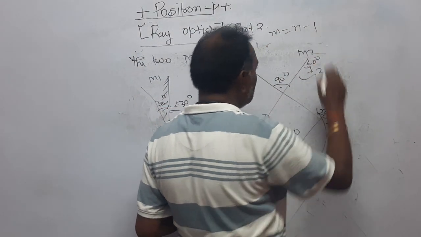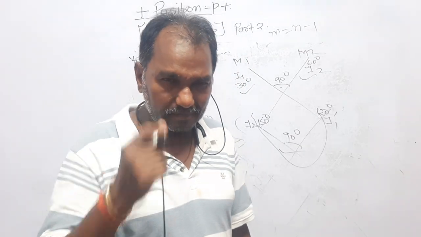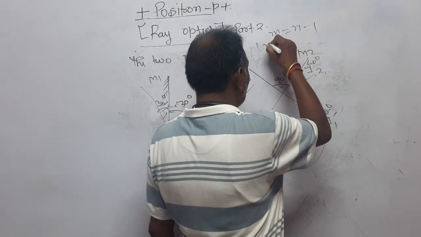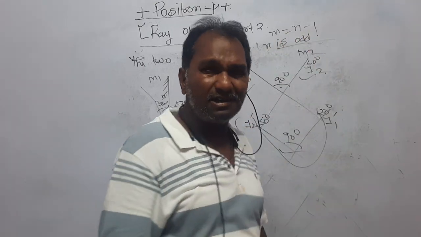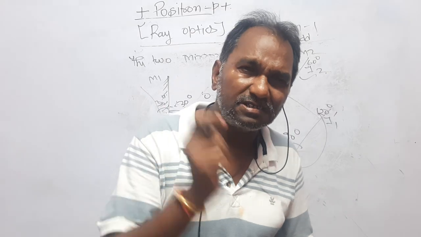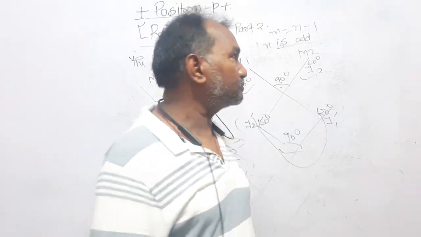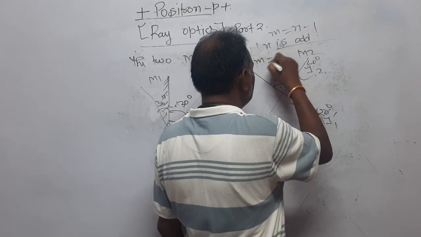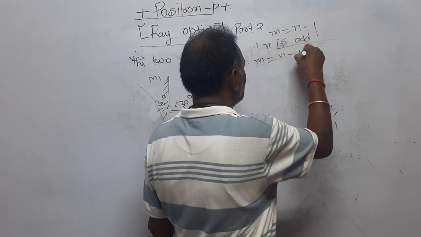I have proved this by many methods. And if n is odd and the object is symmetrical, symmetrical meaning making the same angle from M1 and M2, then again the number of images will be m equal to n minus 1.